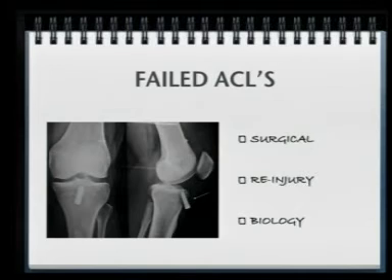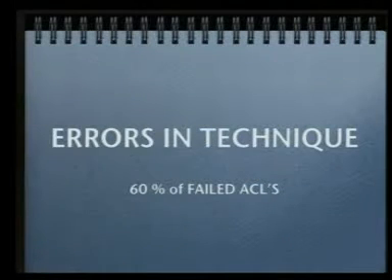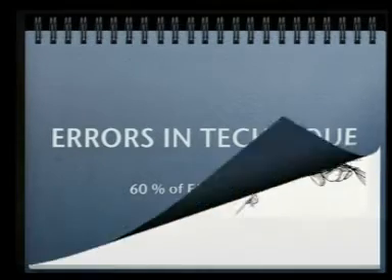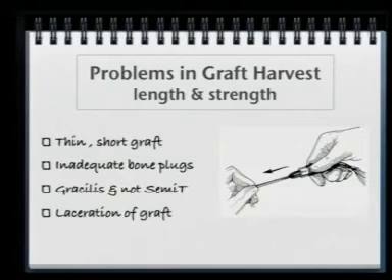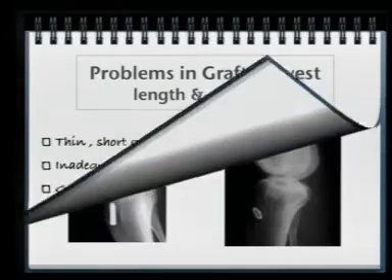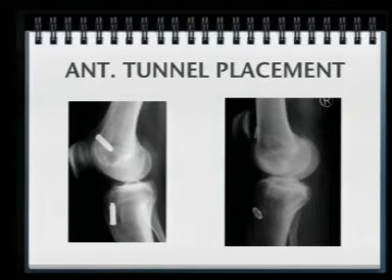So failed ACLs could be because of surgical errors, it could be because of re-injury or biological failure. We need to realize that almost 60 to 70% of all failed ACLs are because of surgical errors, and these could start right from your graft harvest, where you have a thin, short, small, lacerated graft with not enough bone plugs if you are using a bone patellar tendon bone, to passage of graft to fixation of grafts.